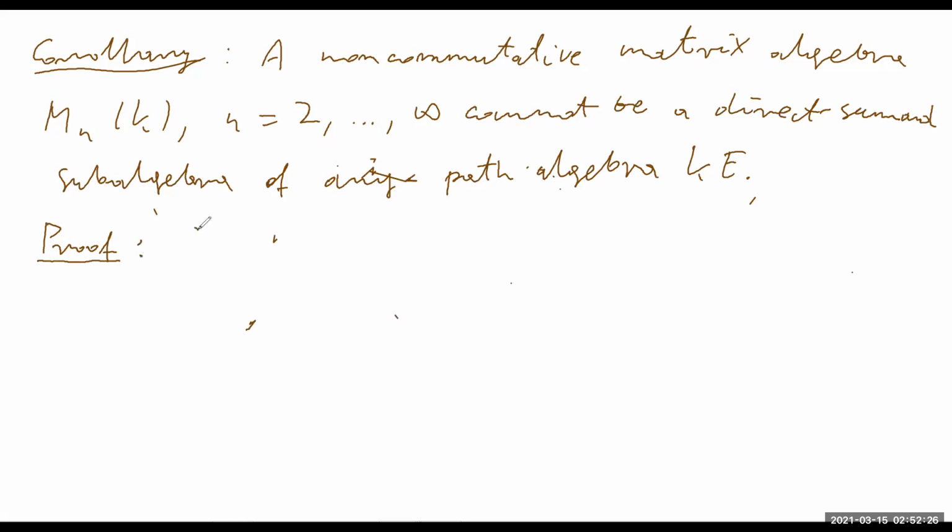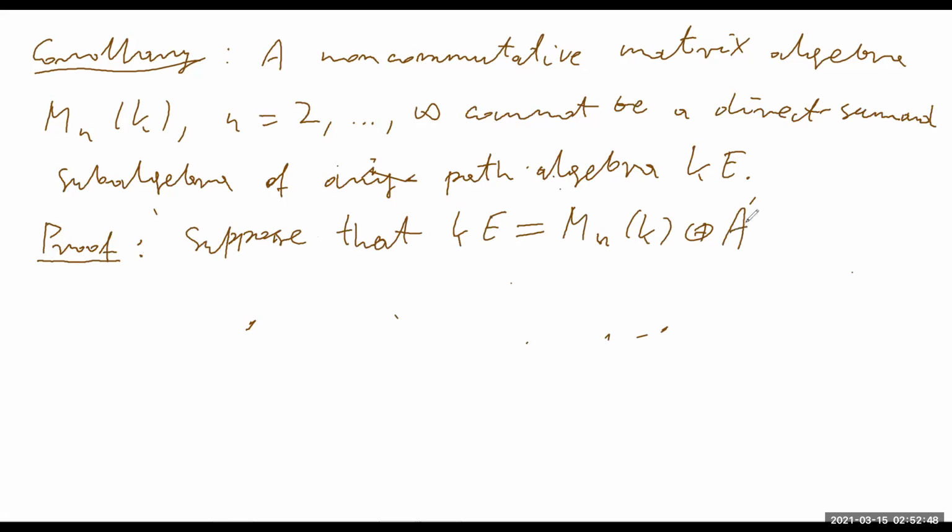So suppose that we have a path algebra KE and that it decomposes into M_n(K) direct sum with some algebra A. Okay, this is as algebras. So this is what I mean that M_n(K) is a direct summand subalgebra.